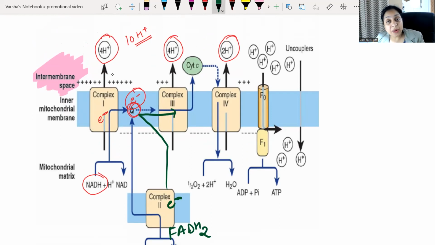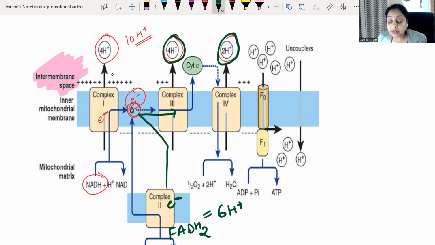So from complex 2 it goes to complex 3, and 4 protons are released in the intermembrane space. Then from 3 to 4, via cytochrome C, the electrons go and 2 protons are released. So for one FADH2, how many are released? 4 plus 2, only 6 protons.